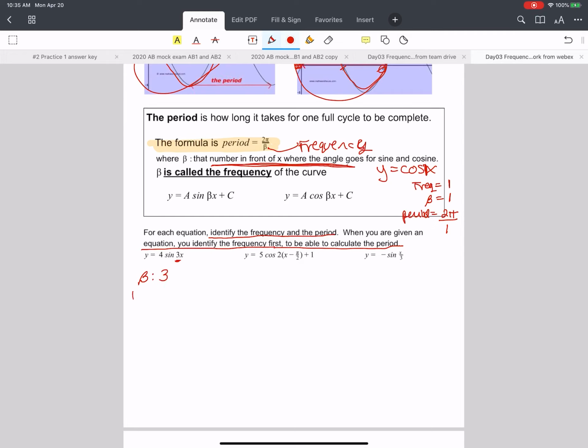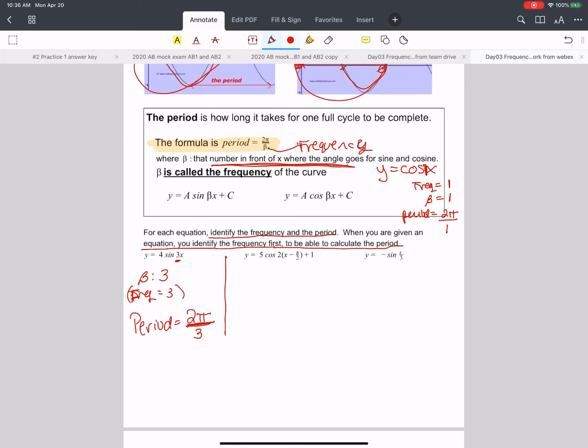If you want to write underneath that my frequency is 3, great, you can do that. But in order to get my period, which is where the graph ends, I need to do 2 pi over that frequency. So if you do this graph, this O, max, O, min, O graph, it ends at 2 pi. The ending of the graph is this.